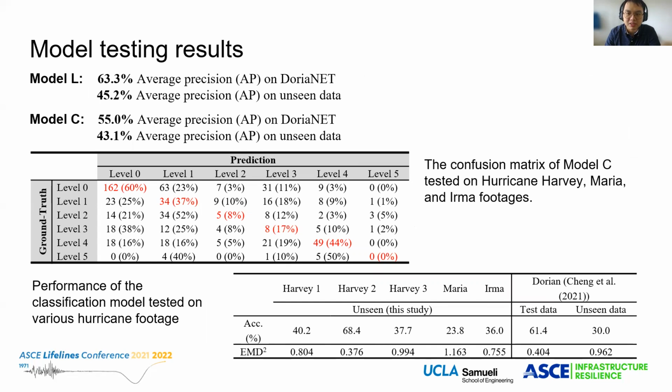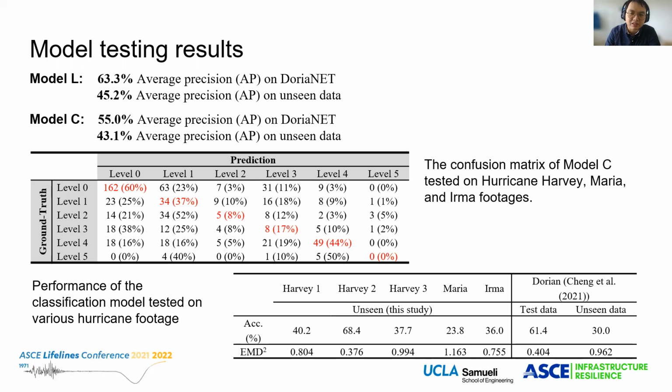Here is the model testing result on these unseen disasters. First of all, the localization model, Model L, was trained and tested on Hurricane Dorian videos, resulting in 63.3 AP.